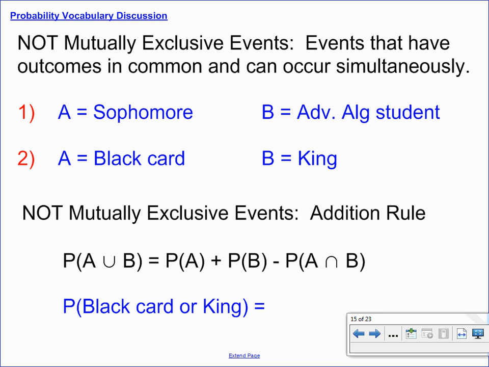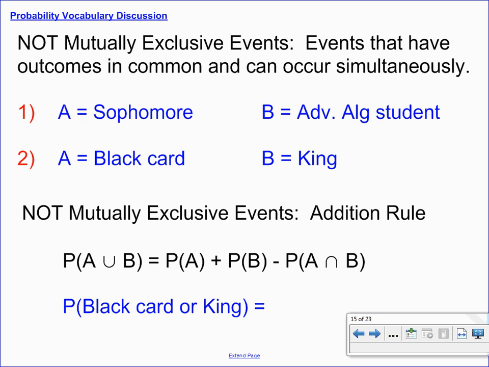Event A is a randomly selected student from the high school is a sophomore, and event B, a randomly selected student is an advanced algebra student. Are these mutually exclusive or overlapping? Well, we saw how a student could be both a sophomore and an advanced algebra student. So this is an example of not mutually exclusive.